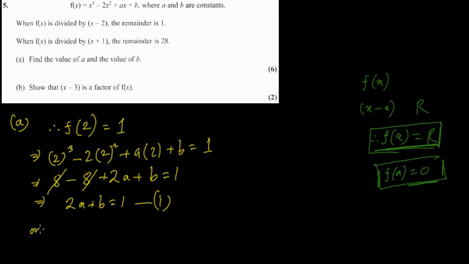Again, when you divide f(x) by x plus 1, the remainder is 28, so f(minus 1), always the opposite sign, equals 28. So let's put the value.